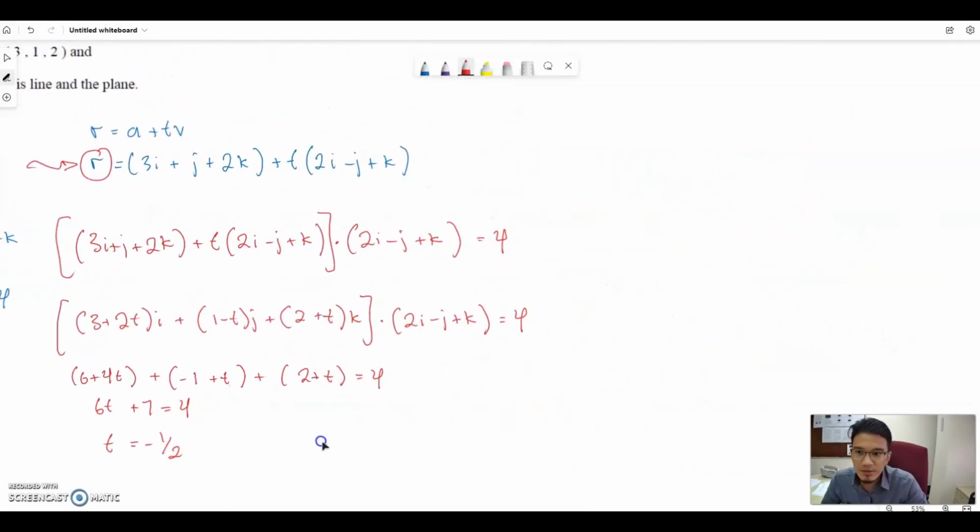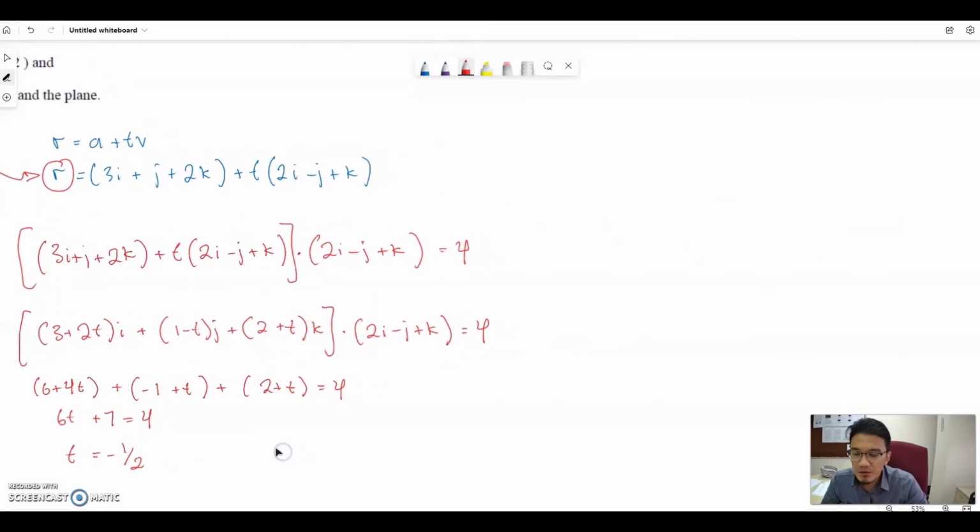Since we have the value of t, we substitute the value of t into the equation of the line. So r is equal to 3i plus j plus 2k plus negative 1 over 2 times (2i minus j plus k).